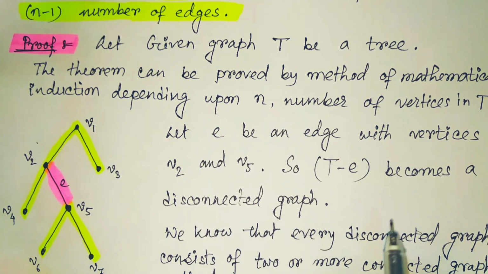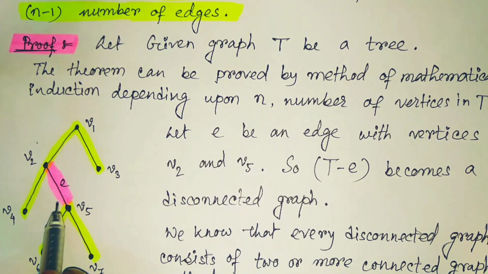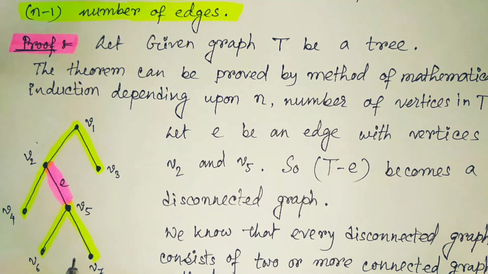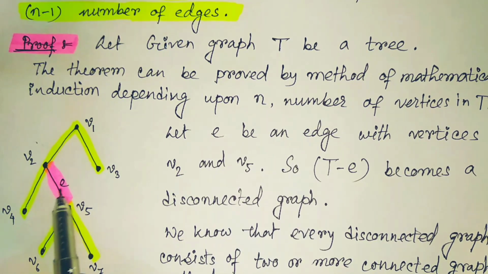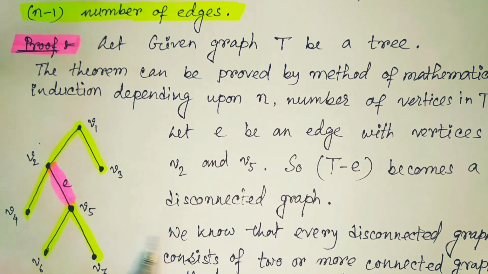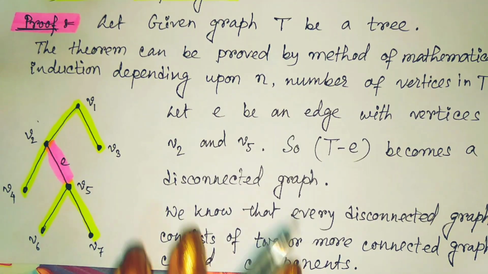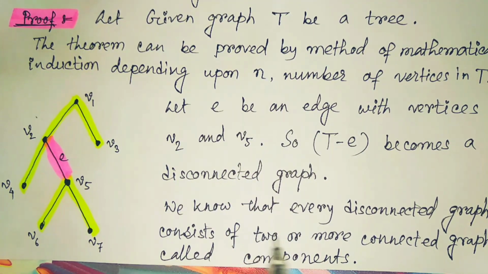Now if we just remove this edge from this tree, then what happens? This tree becomes disconnected. Now we know that every disconnected graph consists of two or more connected graphs called the components.